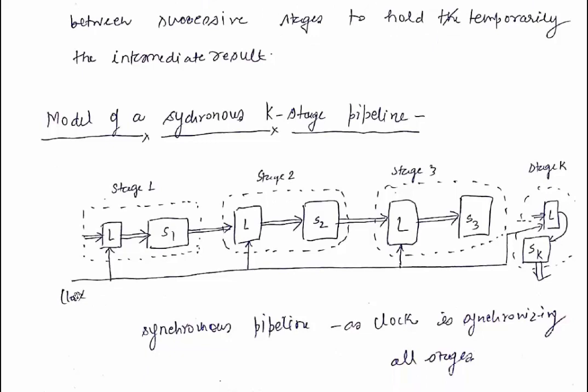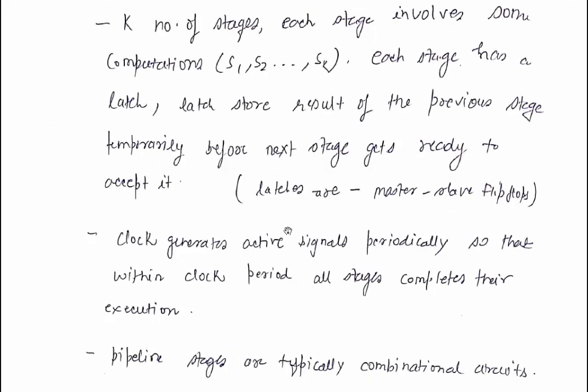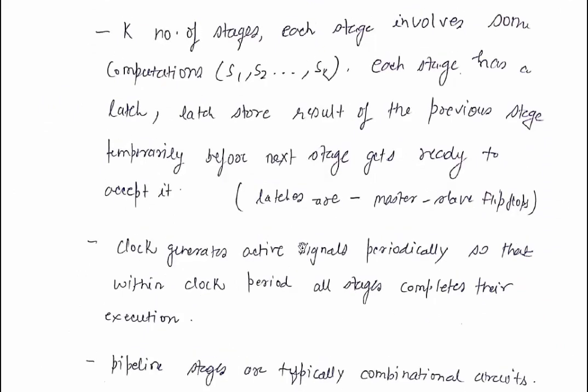Why is this called a synchronous pipeline? Because all the stages are synchronized with the clock. So when the clock becomes active, all the latches become active, and the intermediate result of a stage is stored into its latch. There are k stages in the previous diagram, and each stage involves some computation.